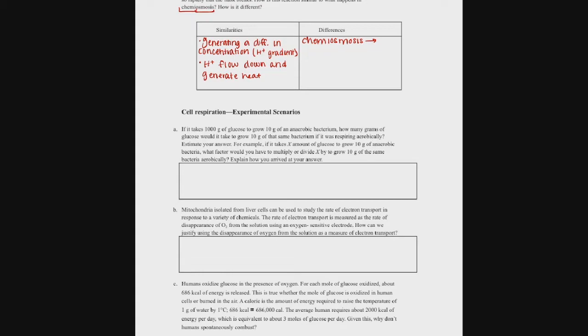So it passes through the ATP synthase, and ATP is generated. Some energy is lost as heat, so it's not that none of it is, but a lot of it is captured in the chemical bonds of ATP, and there's not nearly enough to combust as it would in that chemical reaction.